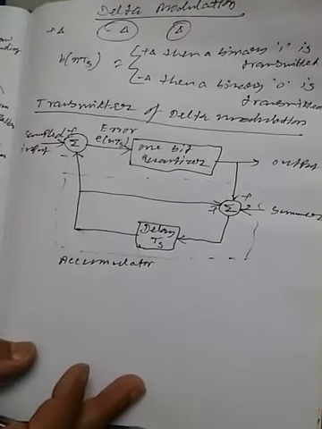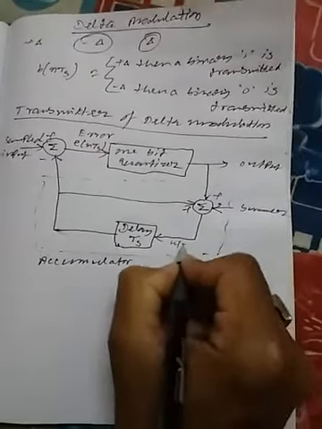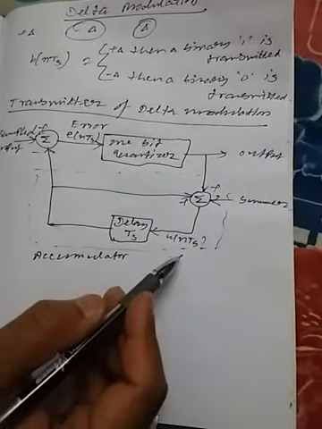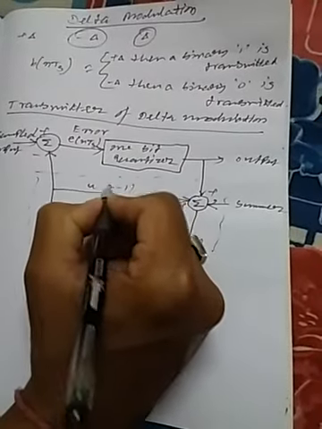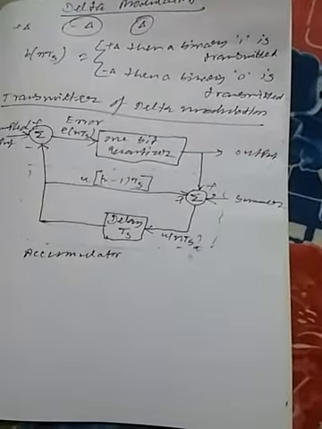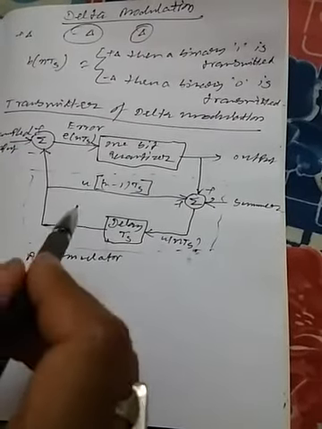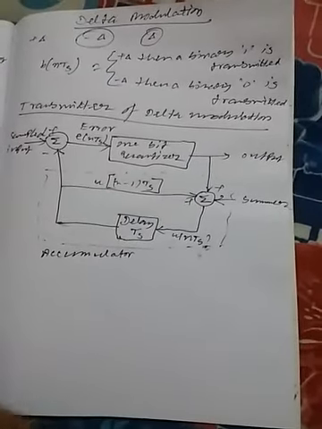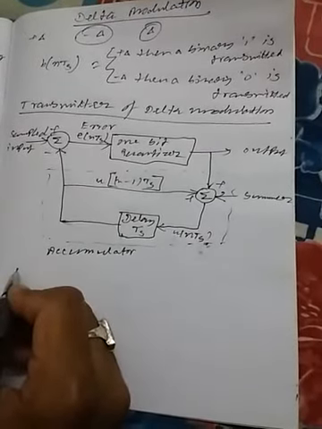The output of this summer is basically u(nTs), and this is u((n-1)Ts). So this block diagram actually generates the delta modulation output.